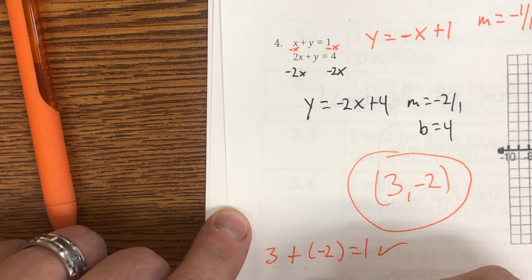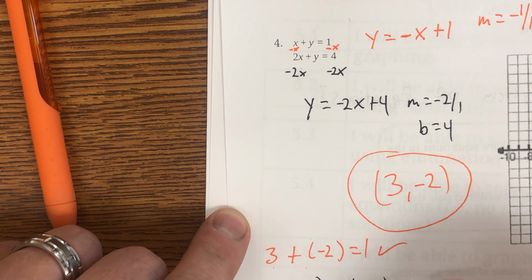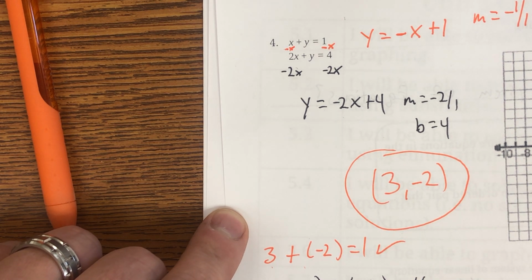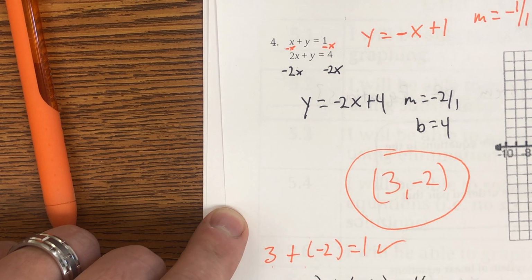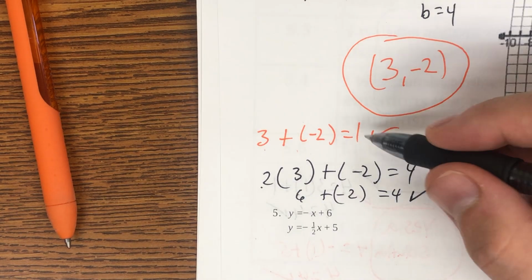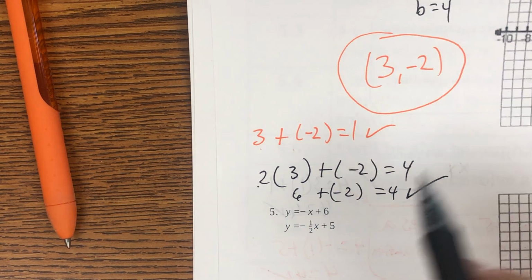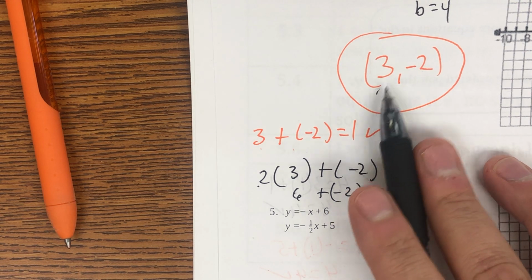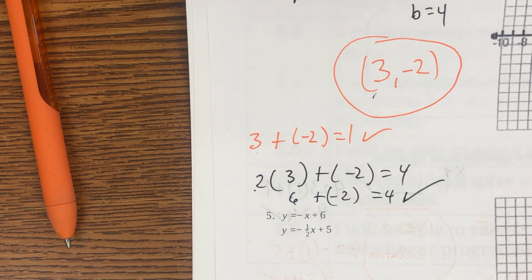So 2 times 3 plus negative 2 equals 4. Let's see if that's true. 2 times 3 is 6, plus negative 2 equals 4. That one works out as well. So we got it correct for both the top equation and the bottom one. Our solution to the system is the point 3, negative 2.